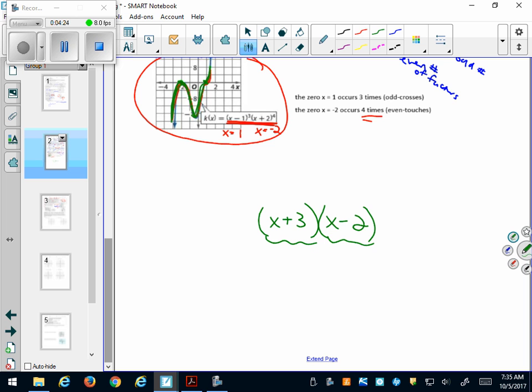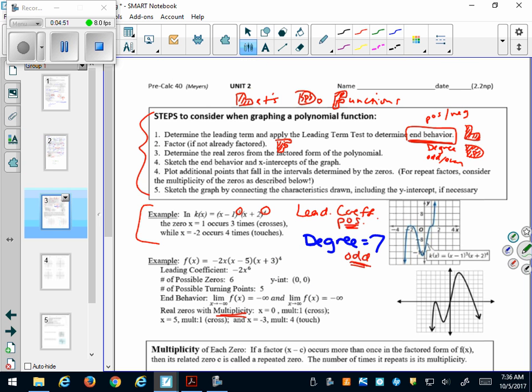So it occurs an odd number of times, just once. That's what you're used to. And think about every time you've graphed this. Has it ever bounced off? No. So that's the way I always remember it. Odd goes through, because that's what you've been graphing parabolas forever, right? It occurs once and it goes through. So that's the way I remember that.